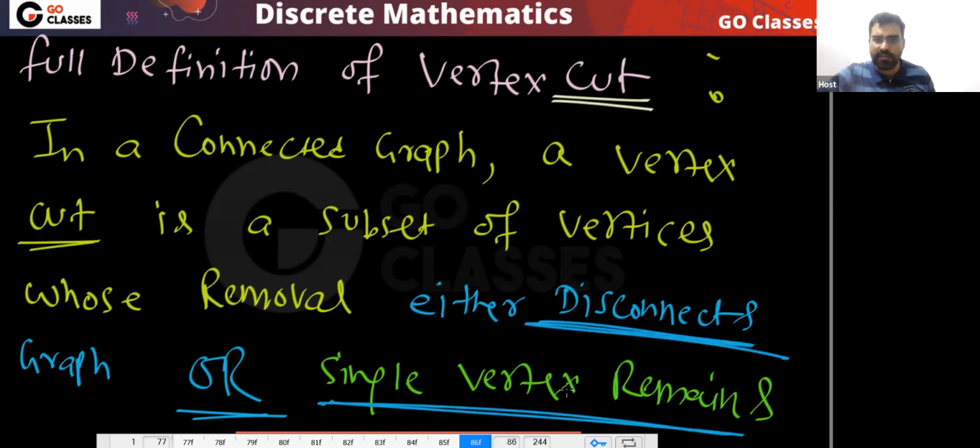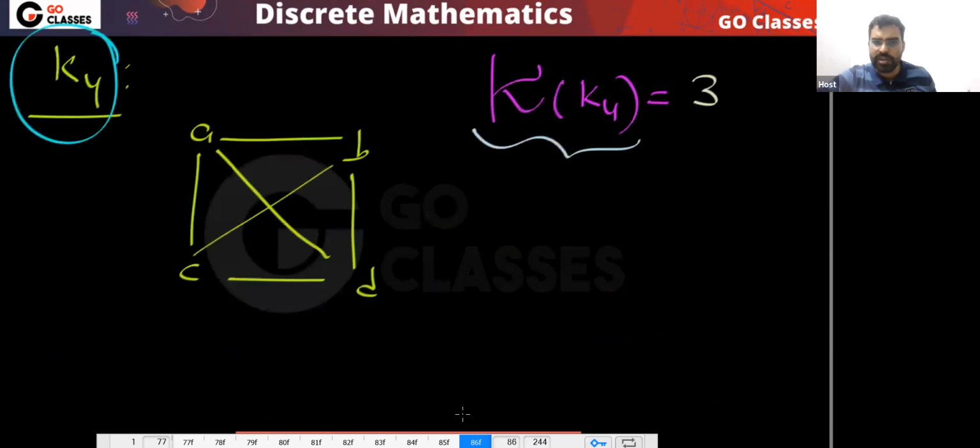Either you will disconnect the graph or a single vertex will remain. Is this clear? This is the complete definition, the full definition of vertex cut. So you can notice that for this graph, the kappa will be 3.